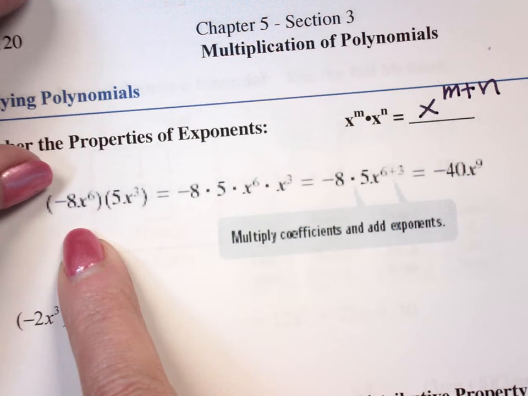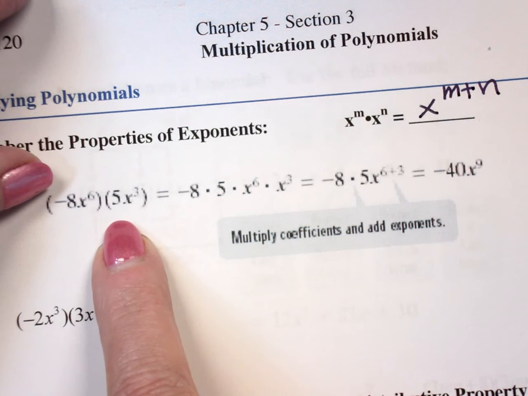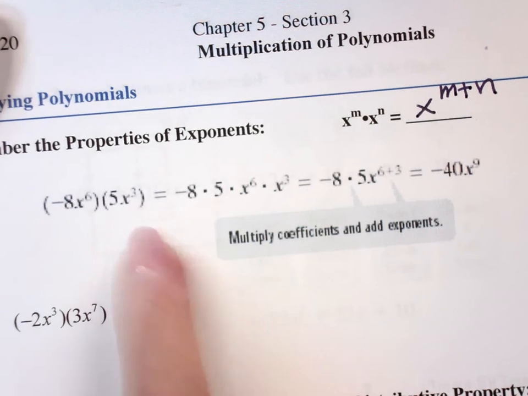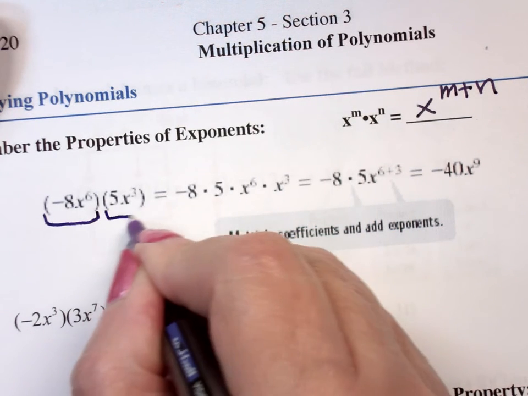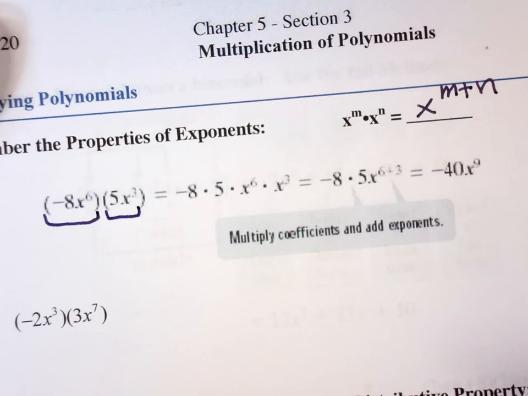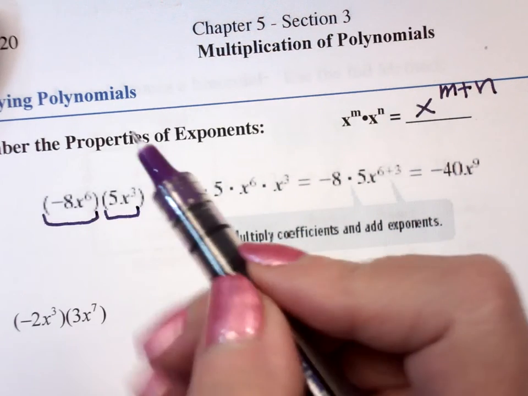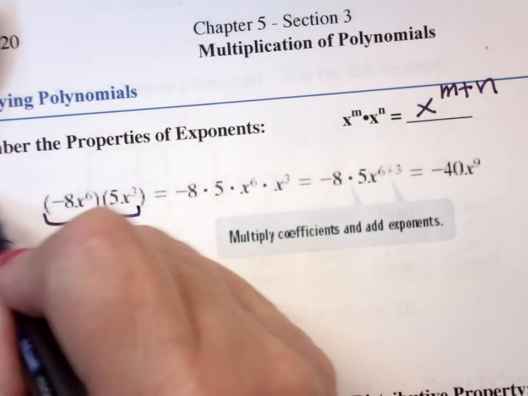So if I had negative 8x to the 6 times 5x cubed, and by the way, these are single terms, and single terms are called monomials.